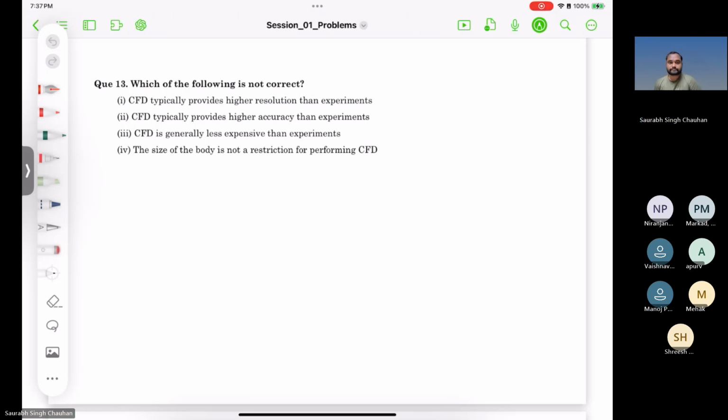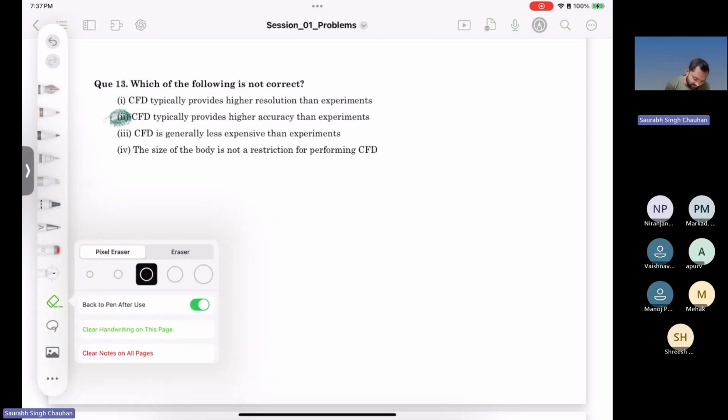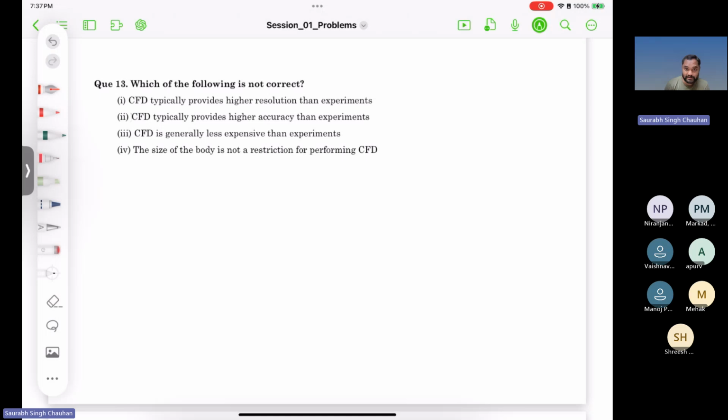So option B is not correct, right? CFD typically provides higher accuracy than experiment. This is not correct. Experiments provide high accuracy. Why? Because experiments replicate the real situation better. There can be some phenomenon which cannot be modeled and solved using CFD, as I gave you the example of combustion.